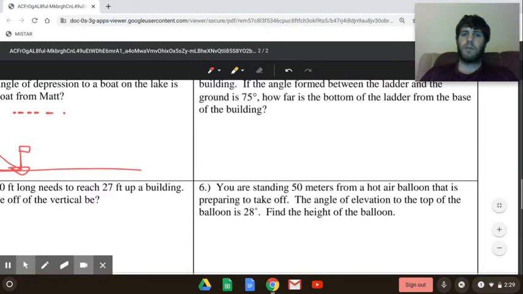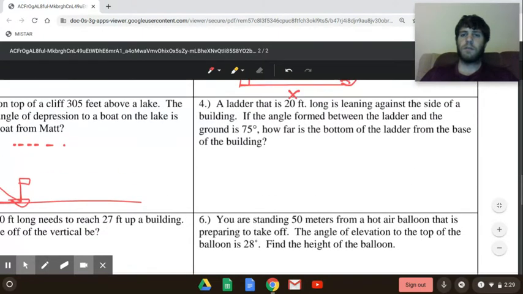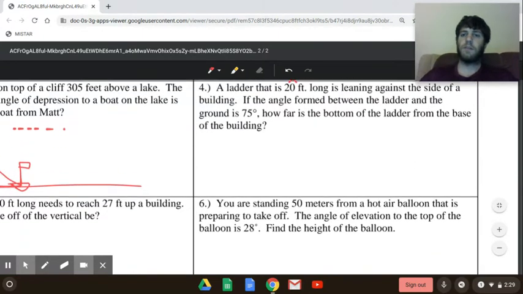All right, number four, a ladder that is 20 feet long is leaning against the side of a building. So here's the building, here's the ground, and then you have a ladder leaning against it. The angle formed between the ladder and the ground is 75 degrees.